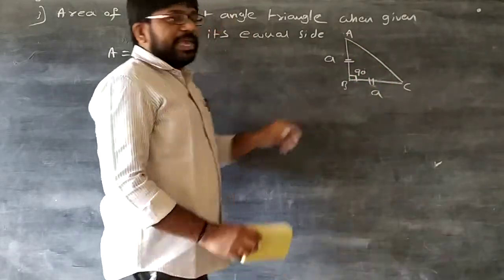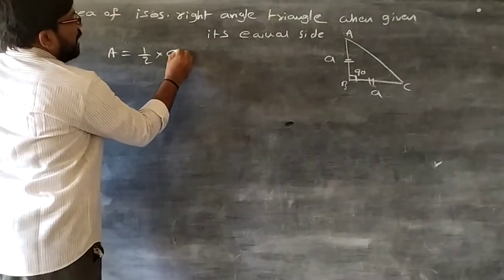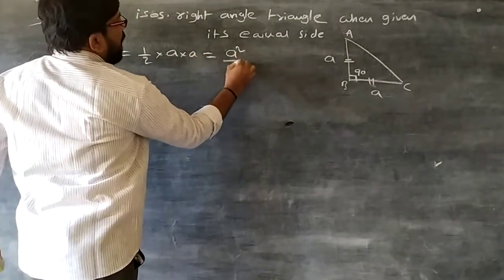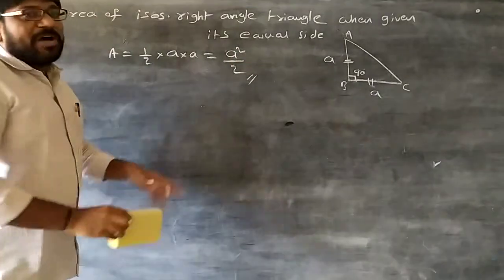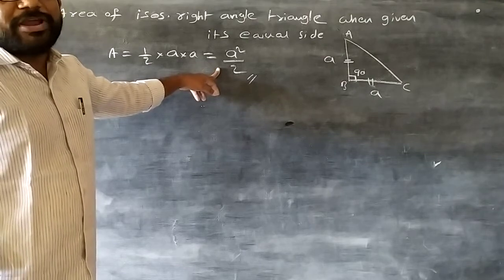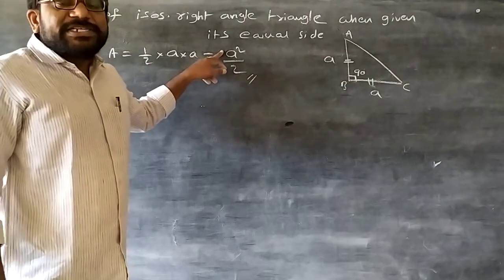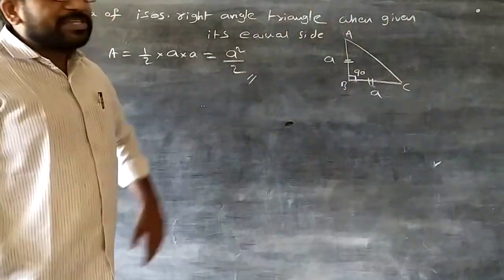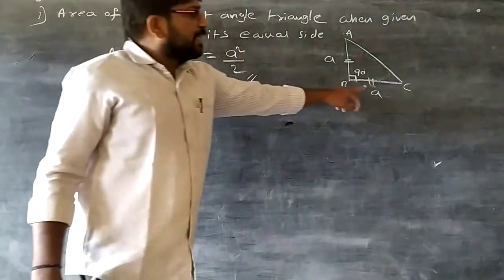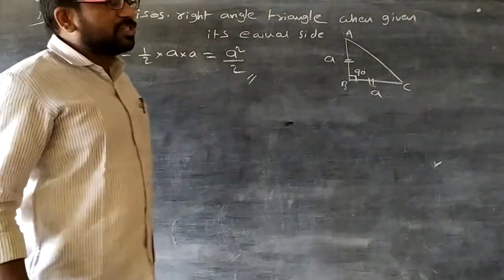So half into A into A, that is equal to A square by 2. So this is the formula for the area of an isosceles right angle triangle, where A is its equal side. The perpendicular sides are equal; if one is A, the other is also A, right?